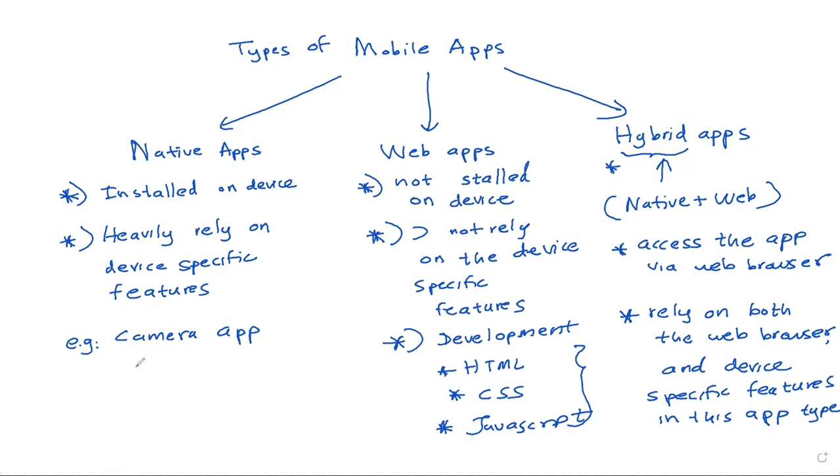And then we also have complex games that we install in our phone, like Candy Crush and other types of games. Once we install them in the device, they will use the resources in the device specific features to run these applications.